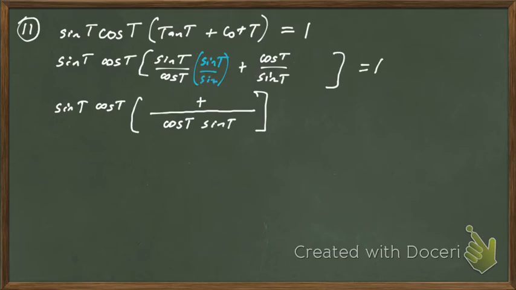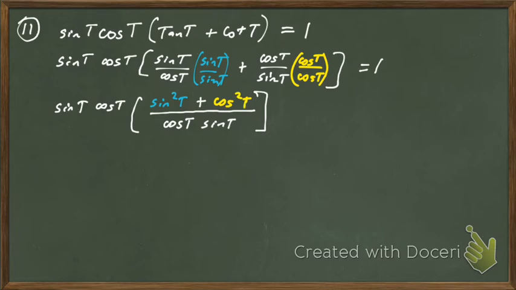Top times top, what's sine times sine? Sine squared. What does this one need over here? It has the sine. It needs a cosine. Top times top gives you cosine squared.